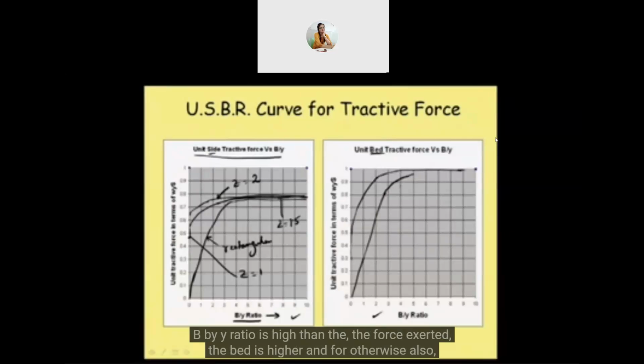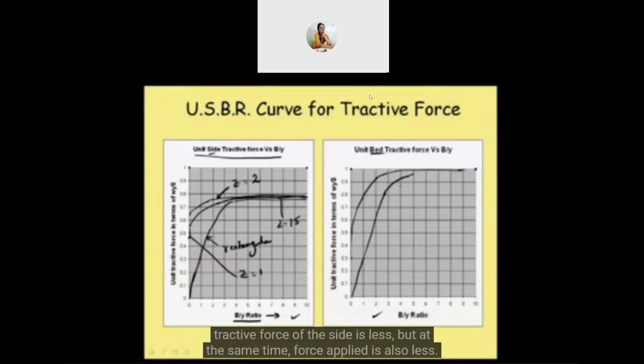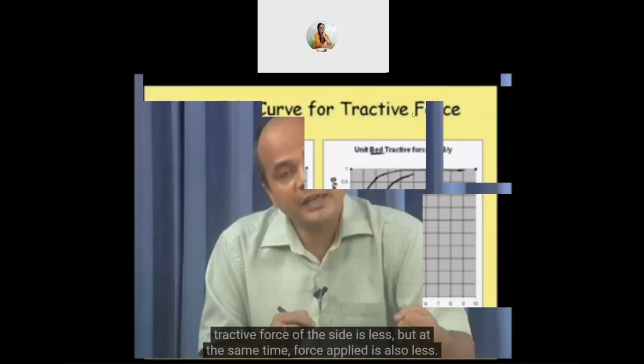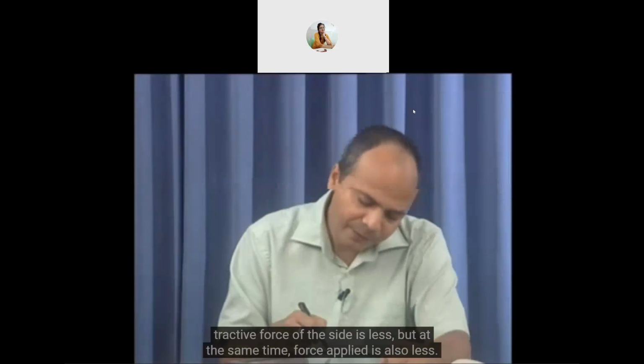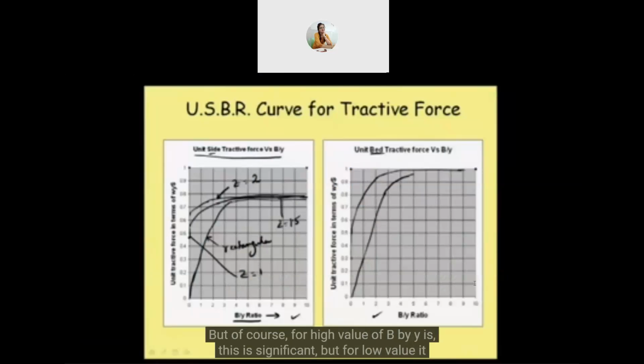In the bed, the tractive force exerted is also higher than in the side. So we know the resisting tractive force of the side is less, but at the same time the force applied is also less. For a high value of B by Y this is significant, but for a low value it is not that significant.